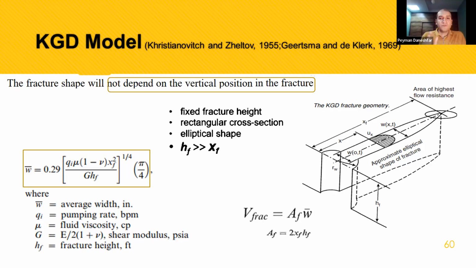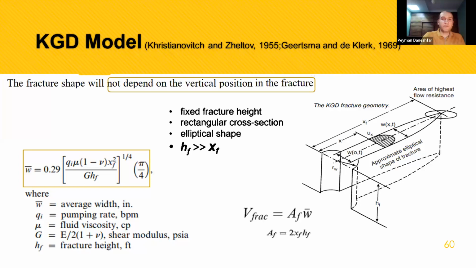One of the important formulas you should know, the difference between the KGD model and the PKN model, is about the volume of the fracture and the fracture area.